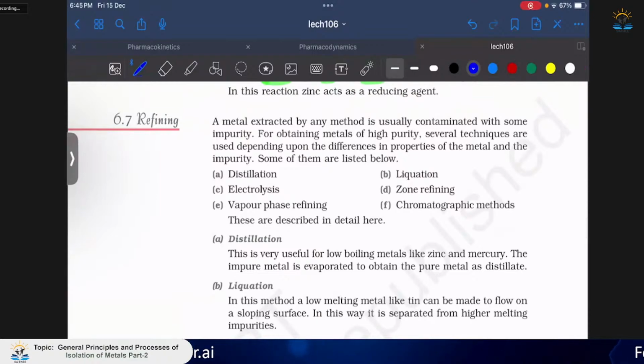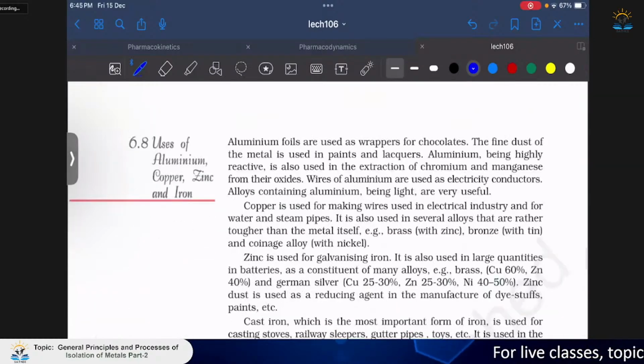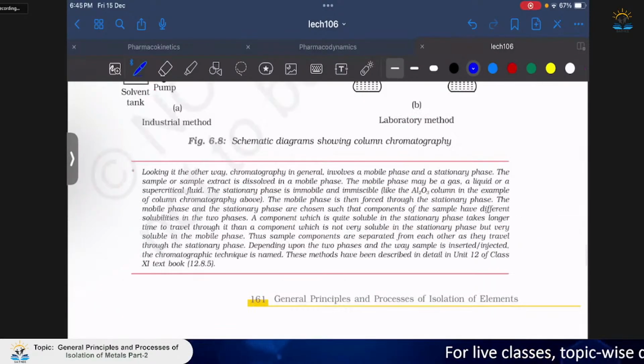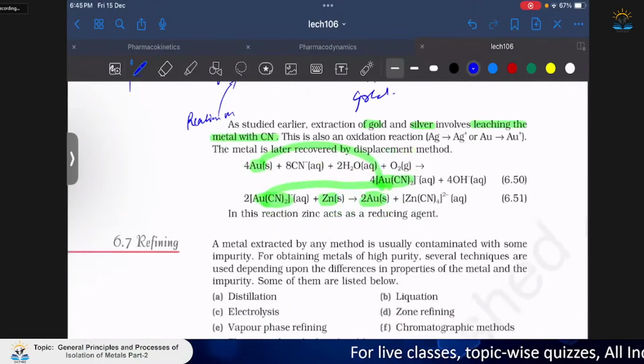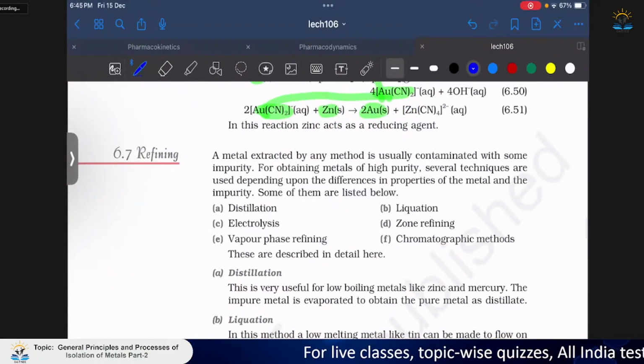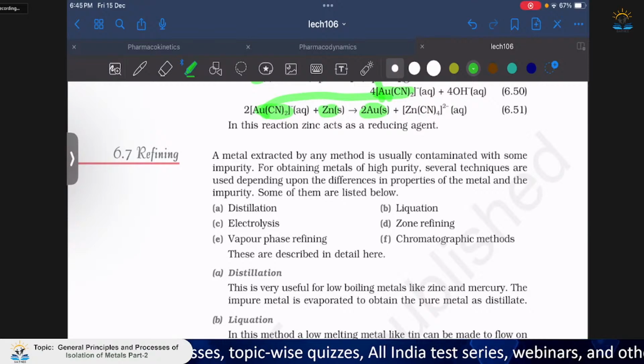Now we come to the last part of the chapter, that is refining. A metal extracted by any method usually contains some contaminant or impurity.